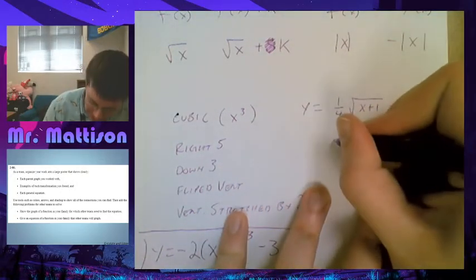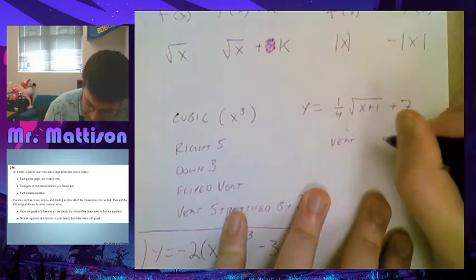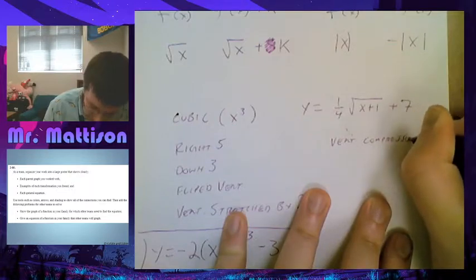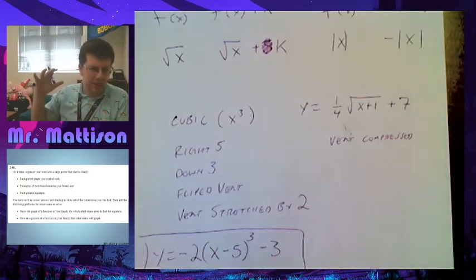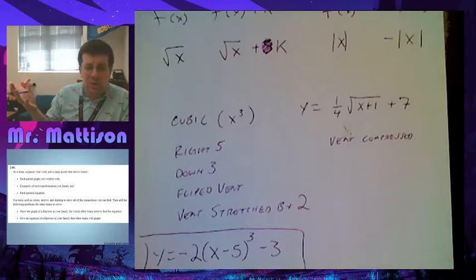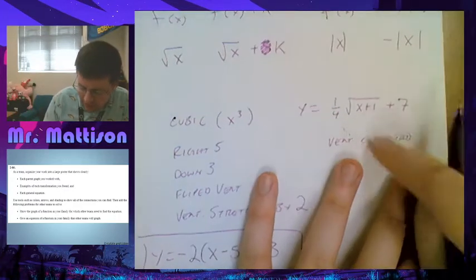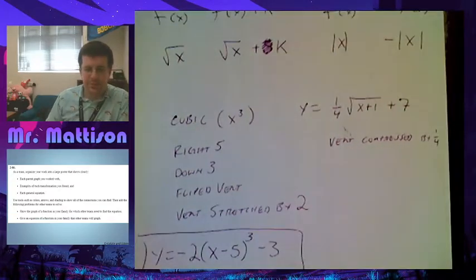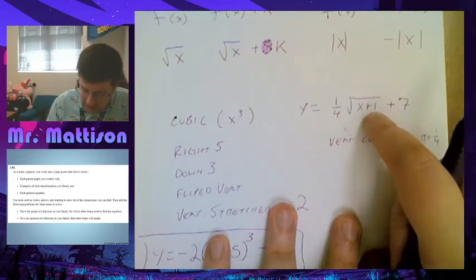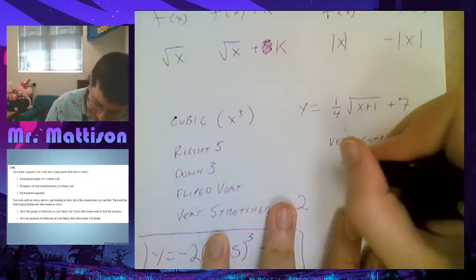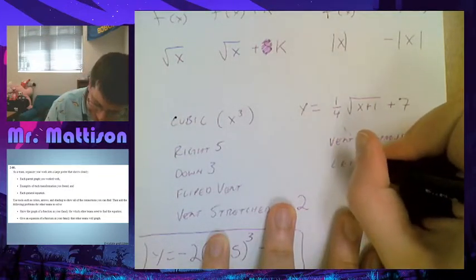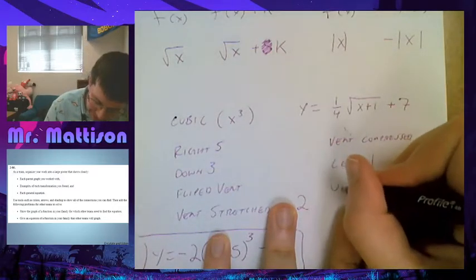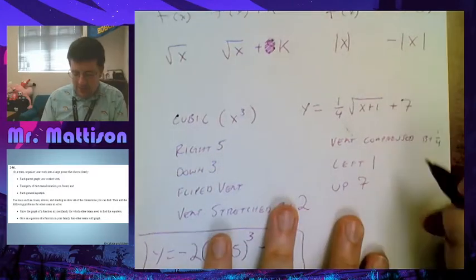Okay, so now that we're back, what's going to happen? This caused it to be vertically compressed. You can say compressed, you can say contracted, you can say reduced, just use wordage that makes sense to you, by 1/4. This is going to move it to the left 1. And this is going to move it up 7. And there we go.